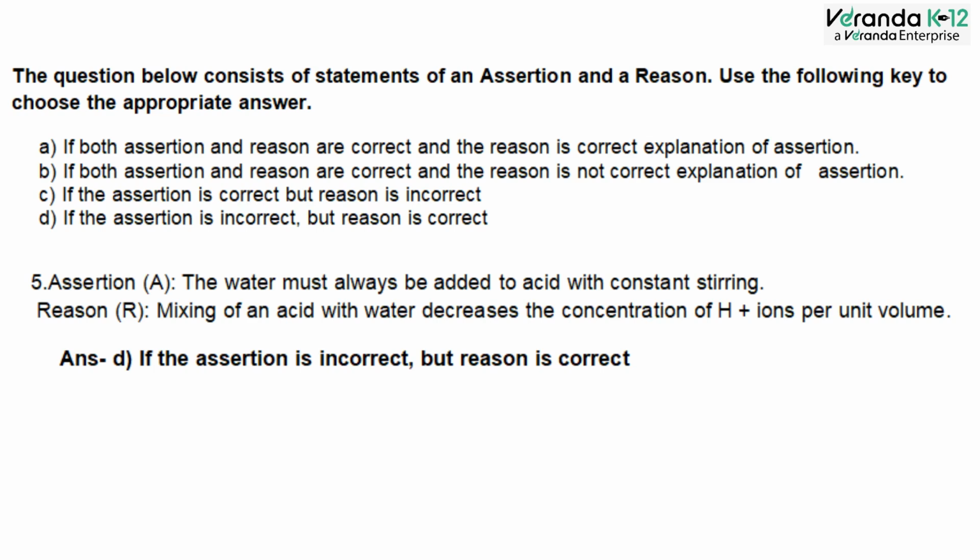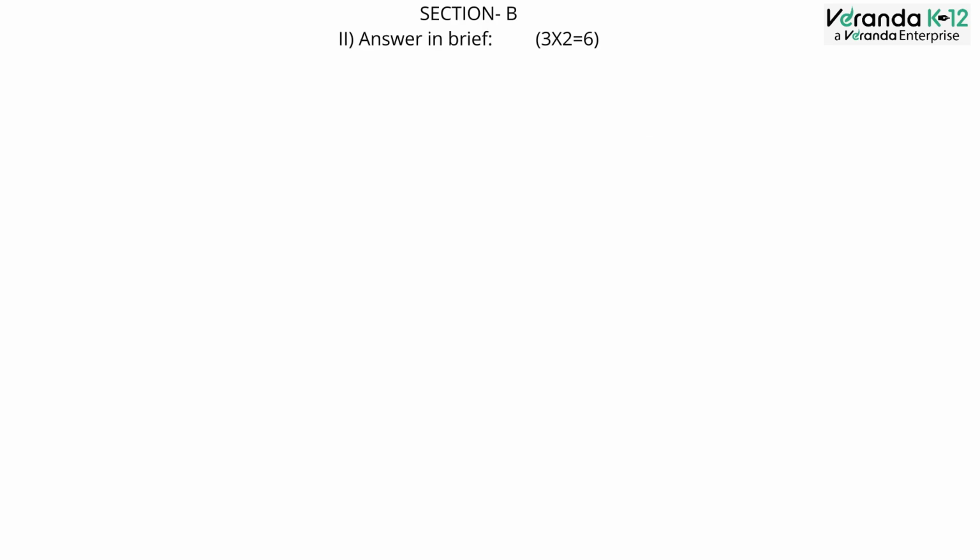Reason. Mixing of an acid with water decreases the concentration of hydrogen ion per unit volume. So the reason is correct. Assertion is wrong, reason is correct. So the option will be D.